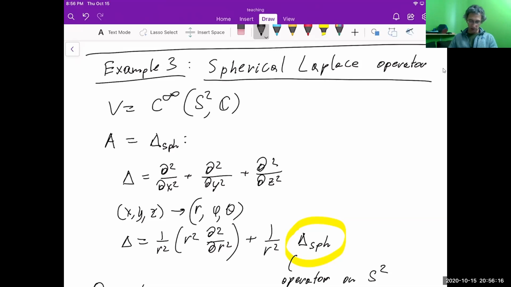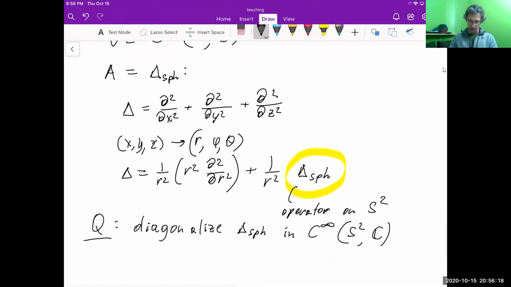If you look at how I define the spherical Laplace operator, the operator on the sphere, then it's immediate that it also is invariant under rotations. So this operator, whatever it is, has a huge number of symmetries, namely all rotations of the sphere.